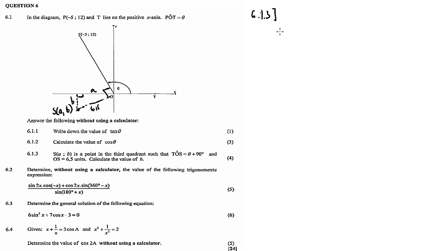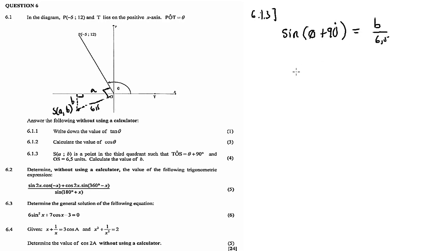So the sine of angle TOS, which is theta plus 90 degrees, is equal to opposite over hypotenuse 6.5.